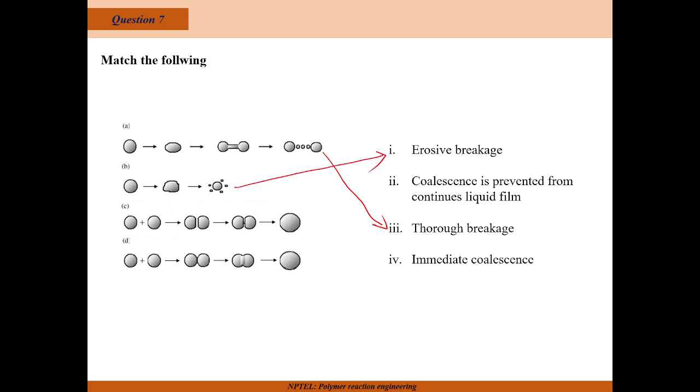Third one: there is a formation of a liquid film in between, and the second one says continuous liquid film formation is prevented. So D is 4, I think. D is for immediate coiling, and this is C.